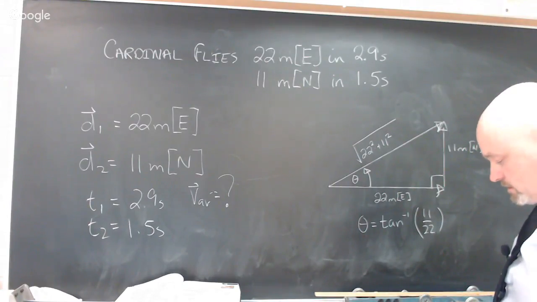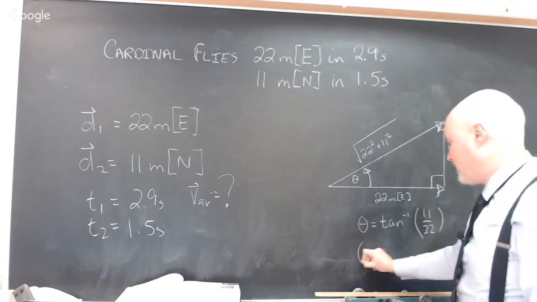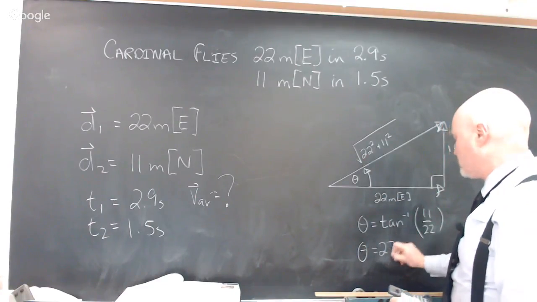And where's arctan? So arctan 0.5 is 26 degrees, 27 if I round. And so theta is 27 degrees.